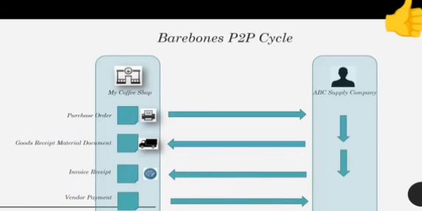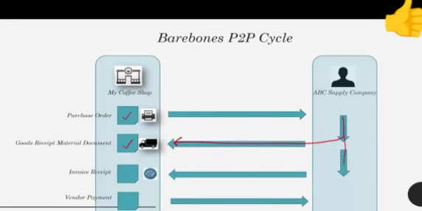So this is the bare bones procure to pay cycle. There are 4 transactions in the procure to pay cycle. Purchase order, which is a notification to the vendor to supply goods, and when the vendor supplies the goods after a certain amount of time, we create a goods receipt in the system.